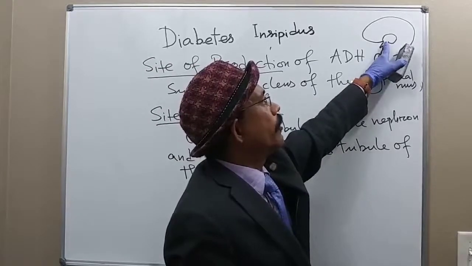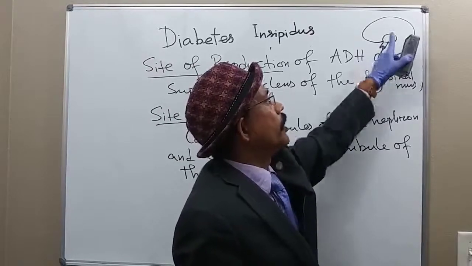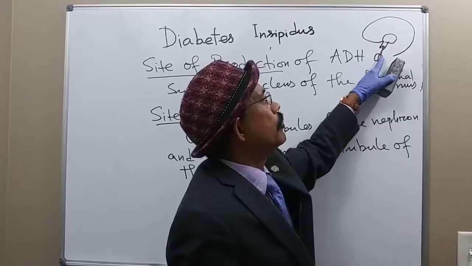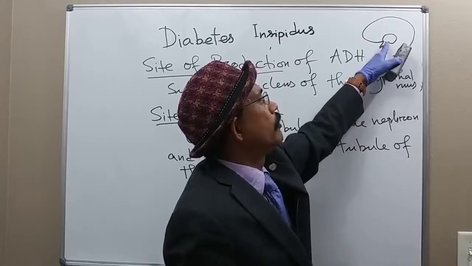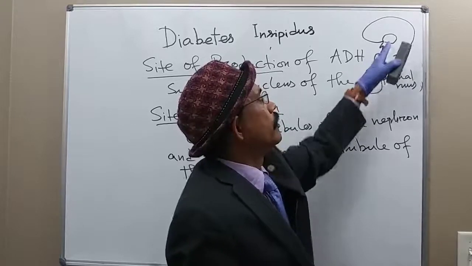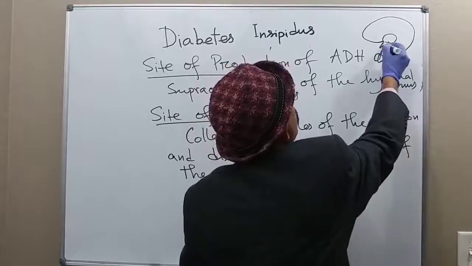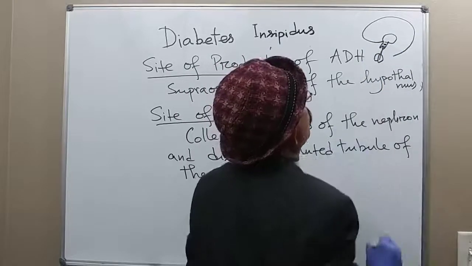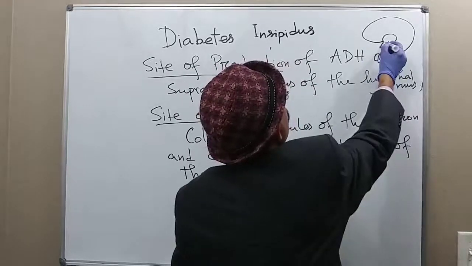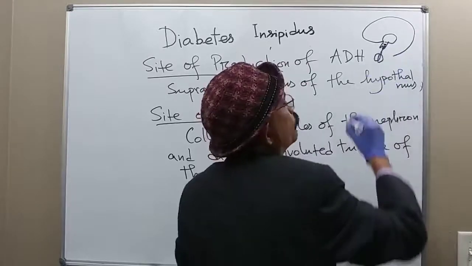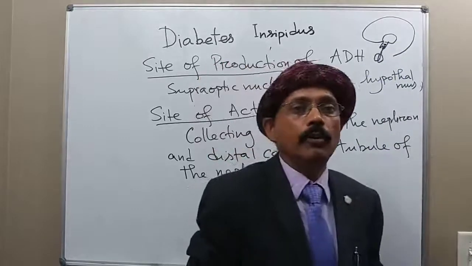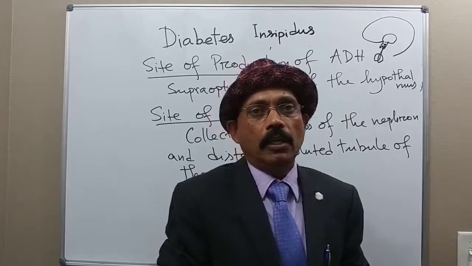So the posterior pituitary is the storehouse of the antidiuretic hormone.